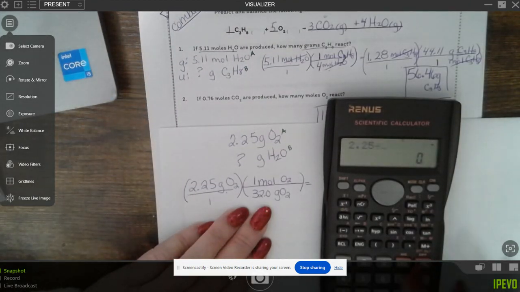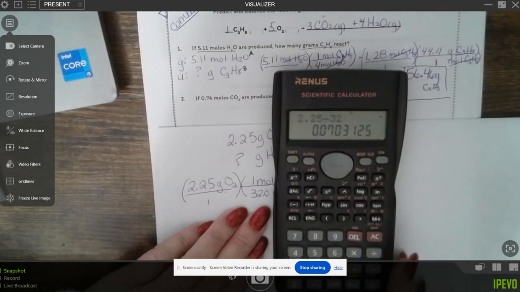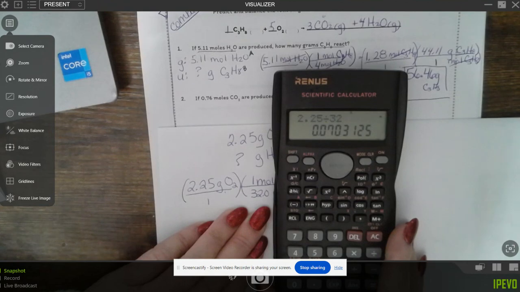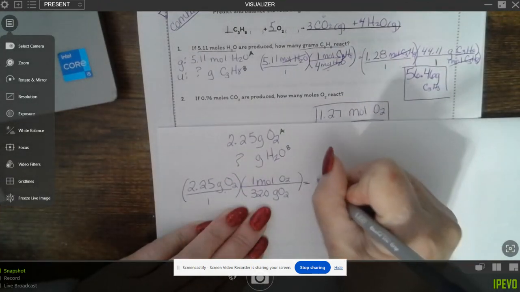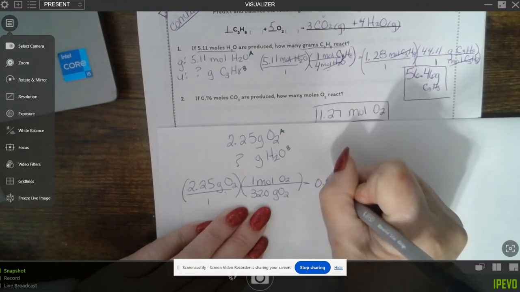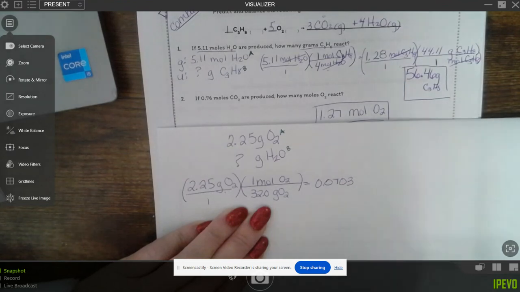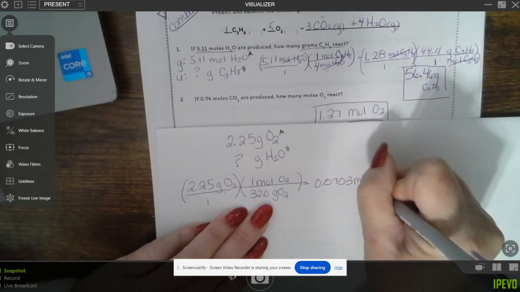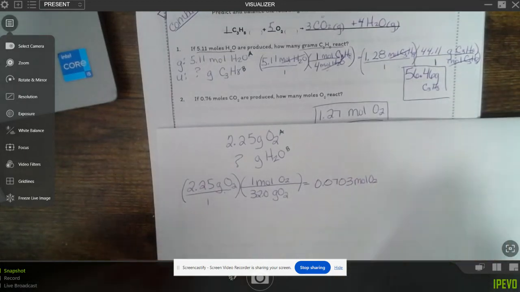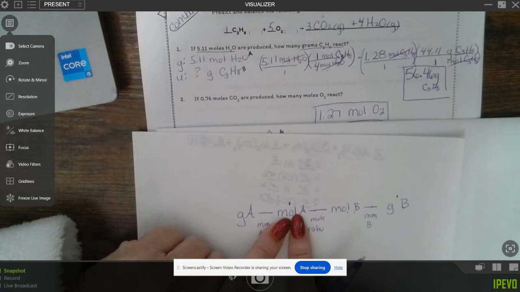2.25 divided by 32 is 0.07. I'm going to go a couple more digits. Just because you only round once, and when there's not a lot of numbers, we should probably just include them. Okay, moles of O2. Now, this becomes what we start with in step 2.